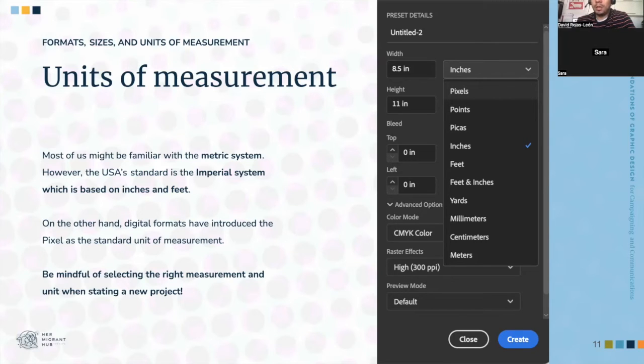We're thinking mostly of printed materials. For digital materials, we usually work with pixels, a newer unit introduced to measure things on screens. Pixels are the dots of screens, the different squares that come together to produce an image.